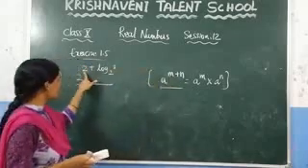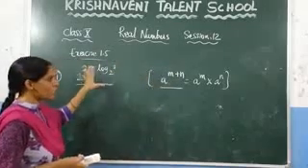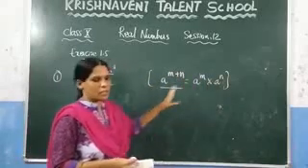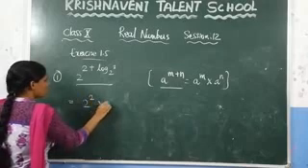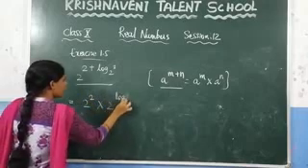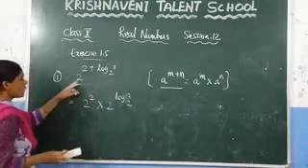Let us consider this value as m and this value as n. So we can write this value as a power m into a power n. From this, you can write this one as 2 square into 2 power log 3 to the base 2. Why have we written this? Because it is in the form of a power m plus n.